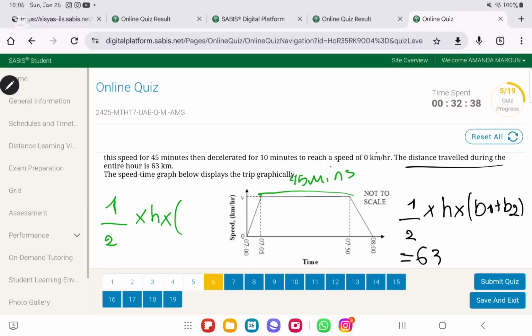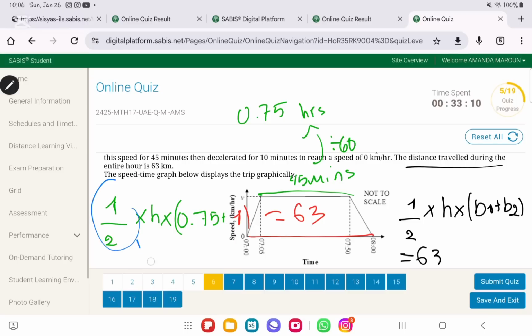We need to change it into hours. So to change from minutes to hours, we are going to divide by 60. So it's going to be 45 divided by 60, which is 0.75 hours. So times 0.75 plus the second base, which is from 7 o'clock to 8 o'clock, which is 1 hour). Okay? It is all equal to 63. If we solve it, we will move this to the other side.